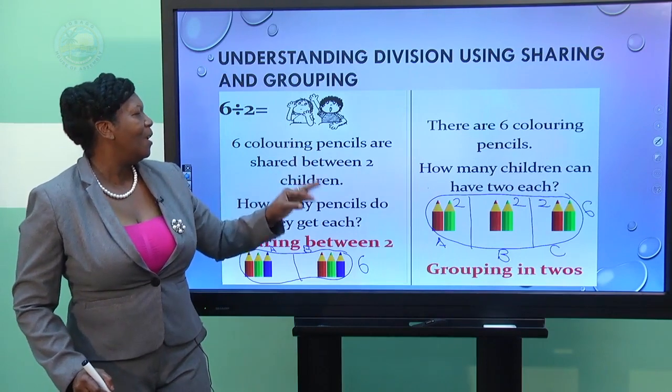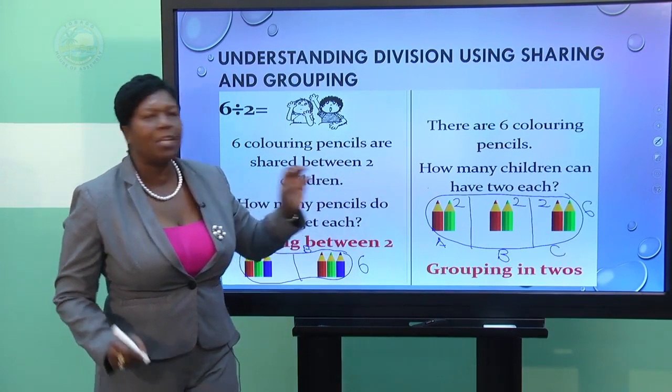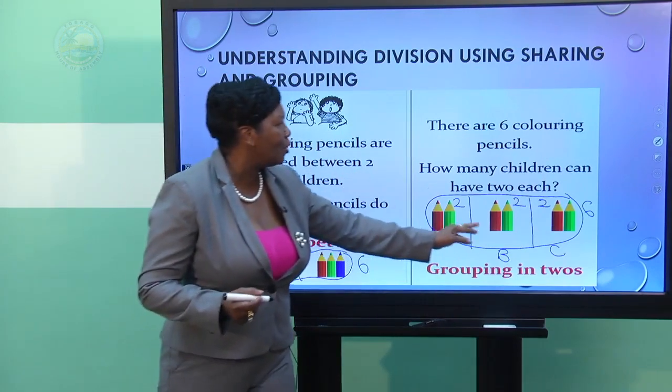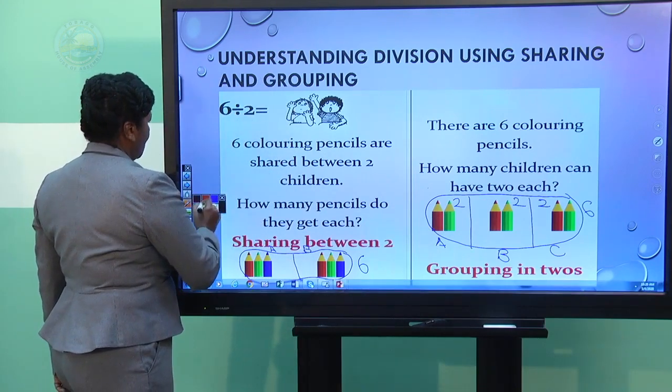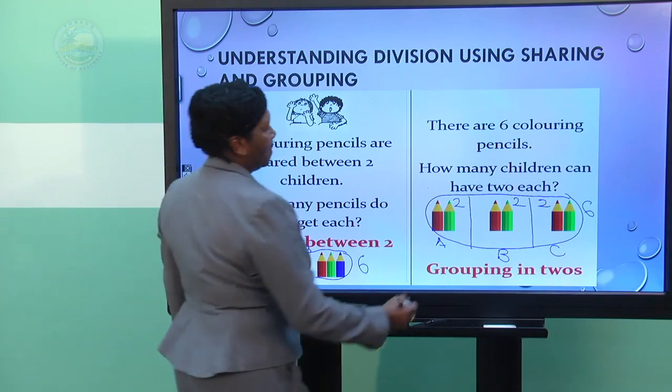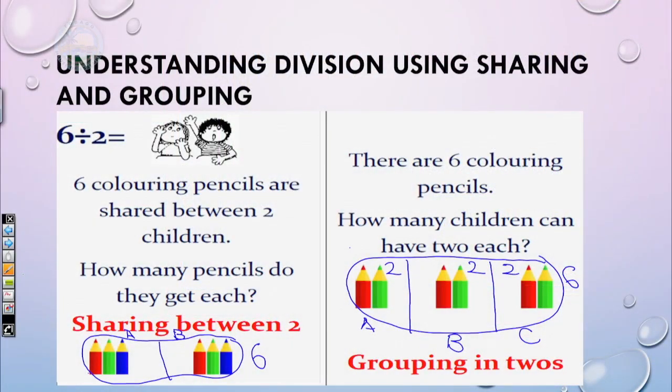So how many children? You count the groups. 1, 2, 3. So a total of 3. So 3 children can have 2 coloring pencils each.